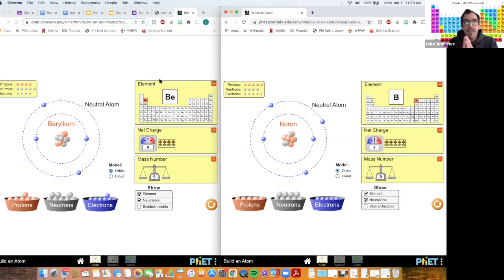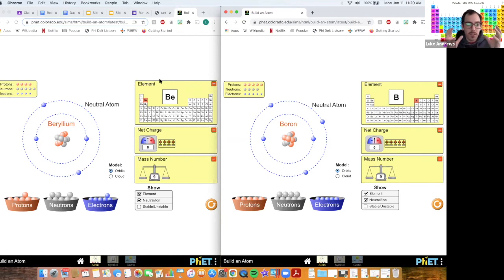Atom refers to, it's like referring to all cars as Hondas. Not all cars are Hondas, right? Cars refer to, we have a body, we have 4 wheels, we have an engine, right? An atom means that we have protons, neutrons, a nucleus, electrons. An atom can be beryllium, an atom can be boron, an atom can be carbon, just like a car can be a Honda, it can be a Chrysler, it can be a Mitsubishi or whatever, right?